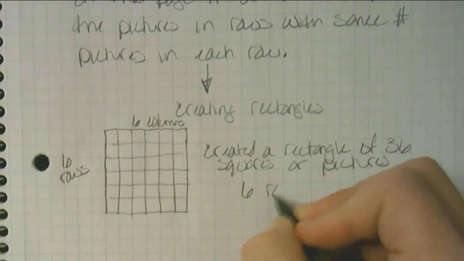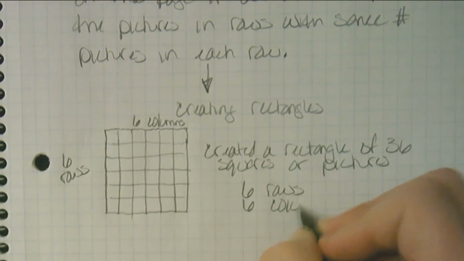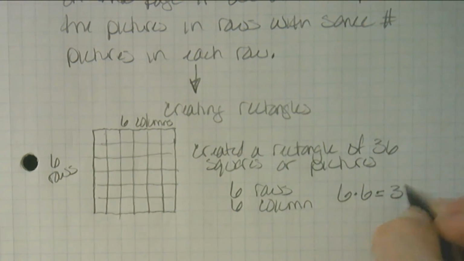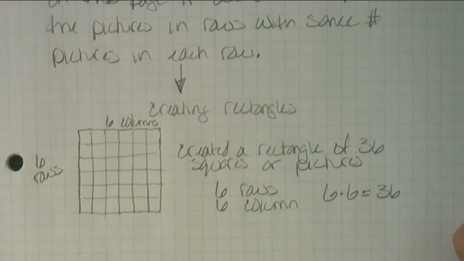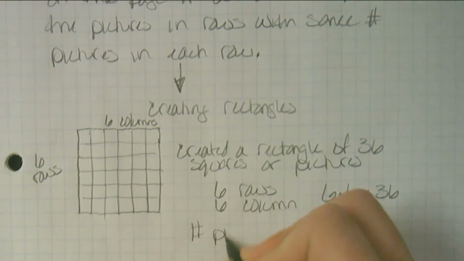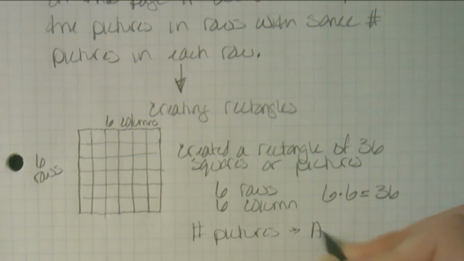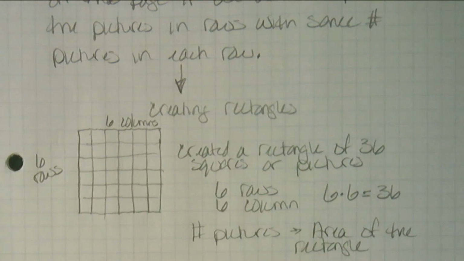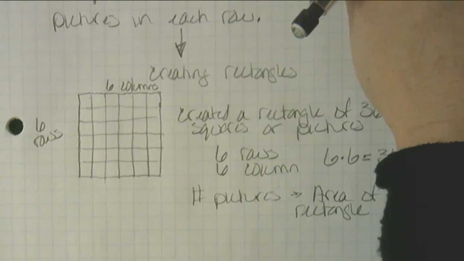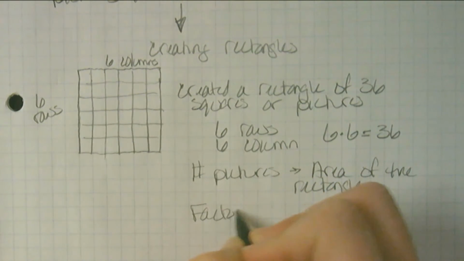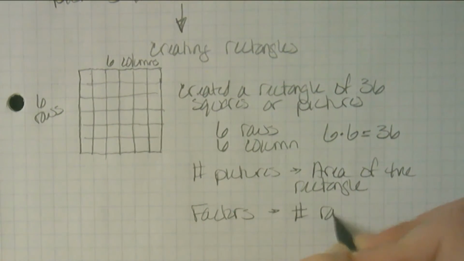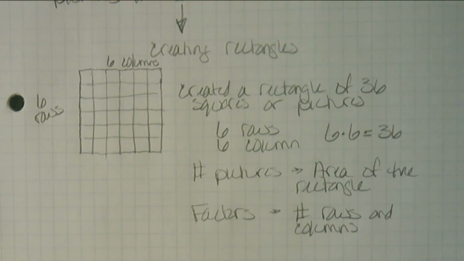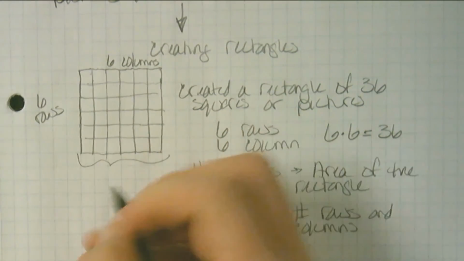We have 6 rows and 6 columns. 6 times 6 is 36. So this number of pictures, that is the area of the rectangle. And our factors are the number of rows and columns. And our number of columns is our number of pictures in each row.